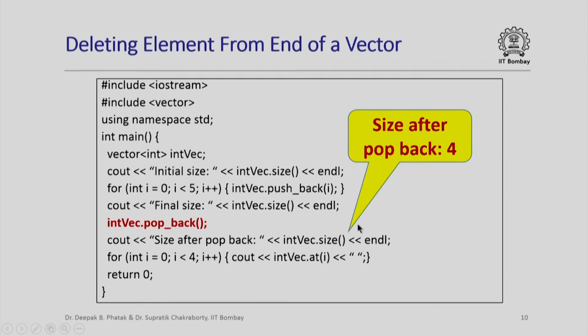Size after pop_back is going to be 4, and now if I try to print out the elements of the vector, I will not see the last element, so I will simply see 0, 1, 2, 3. Recall that after these 5 push_backs, the vector had 0, 1, 2, 3, 4, pop_back deleted or erased the last element, which is 4, and therefore I am now going to only see 0, 1, 2, 3.